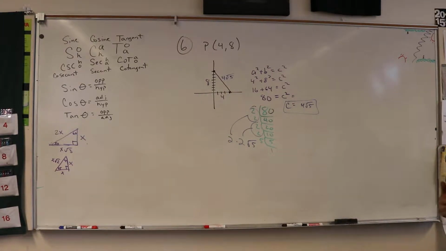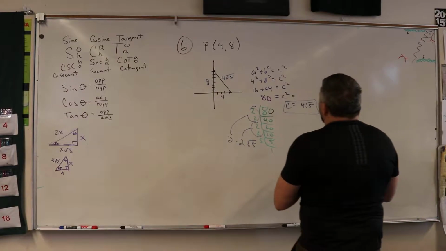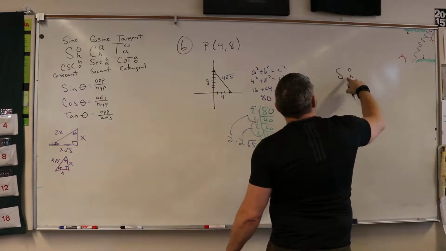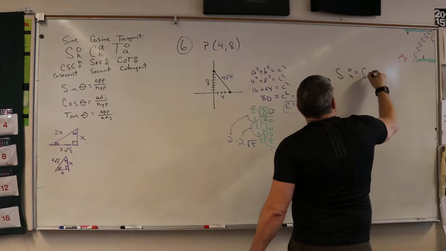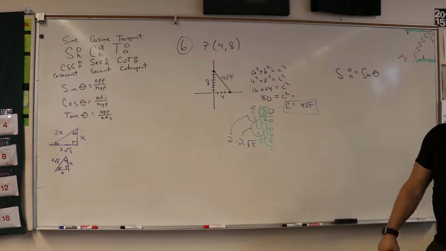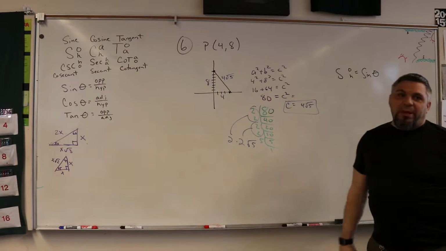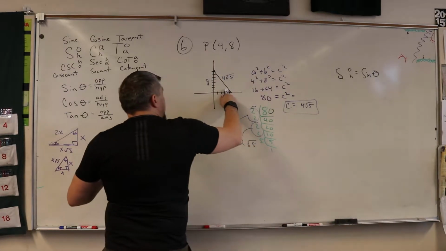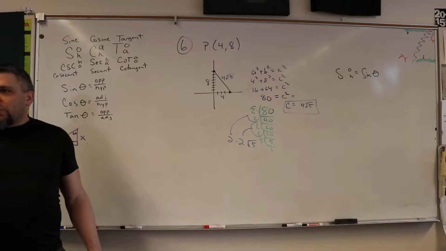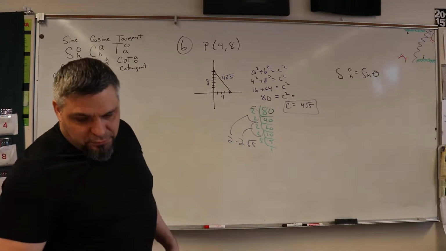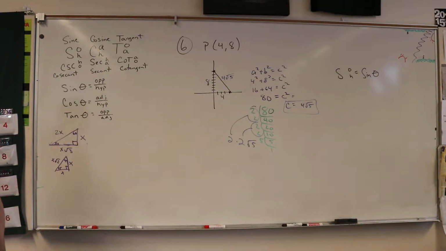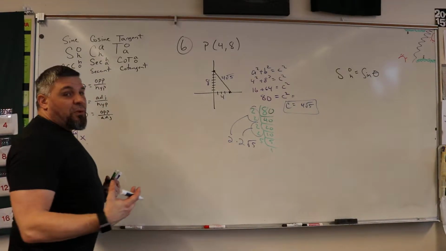Alright, so SOHCAHTOA, right? So that just means that the sine of theta, right, is equal to the opposite. So which one do you want to make theta? Do you want to make this theta or this theta? Because that's what really matters. So you draw it and you'll decide which one you want theta to be.